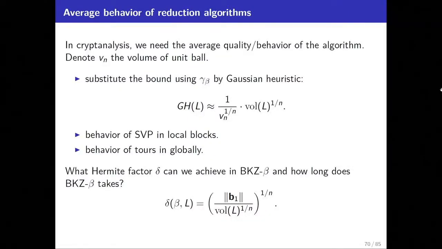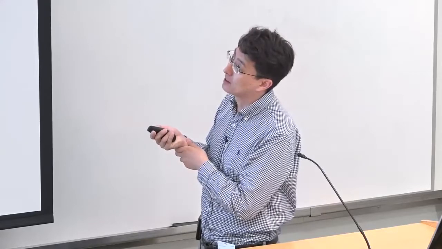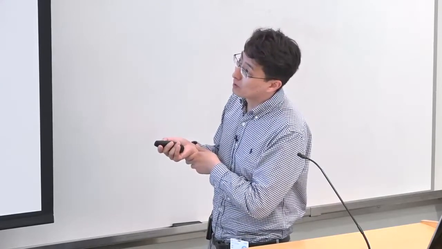So the idea is to consider the average behavior of the algorithm. Although previously we had the upper bound estimate for each local block, in cryptanalysis we are most interested in the average quality of the algorithm. To do this, we will substitute the upper bound of the Hermite constant at dimension beta by the Gaussian heuristic at dimension beta.